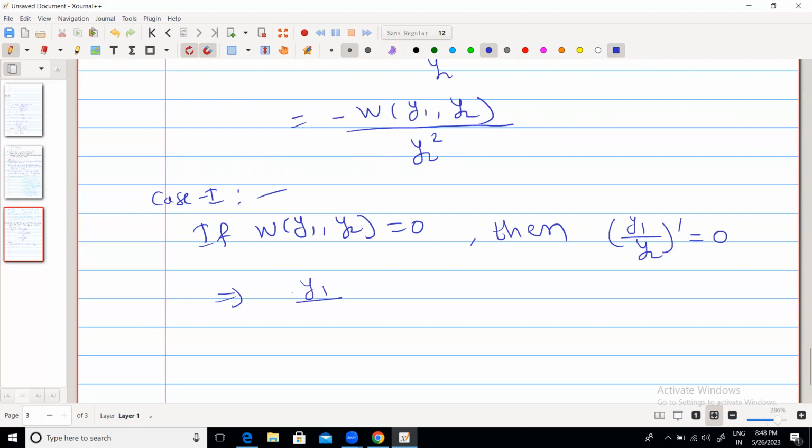So this implies y1 divided by y2 of x is a constant function, right? And hence it is monotone. Okay, a constant function is monotone, right?